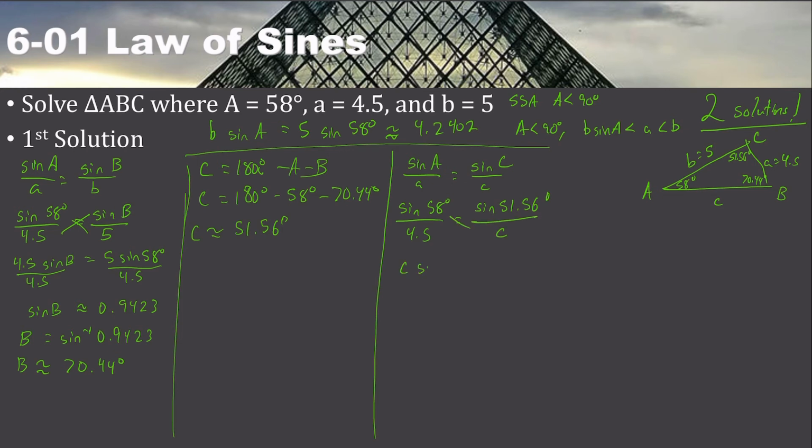Cross multiply, and divide by the sine of 58 degrees. So side c is approximately 4.16. And that's our first solution.